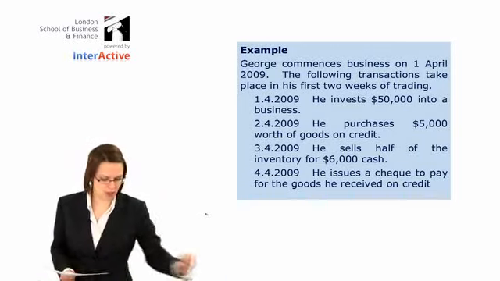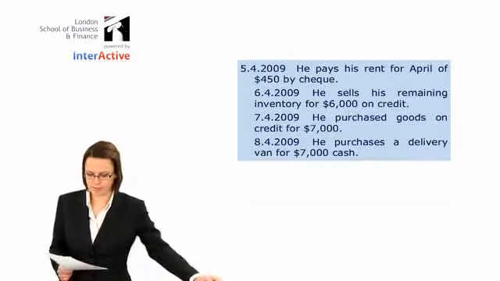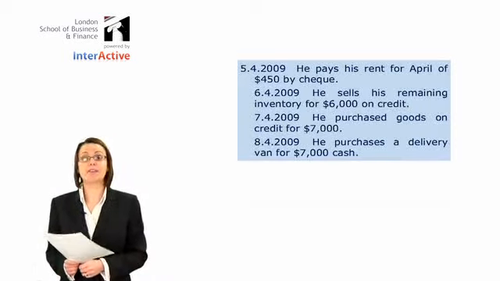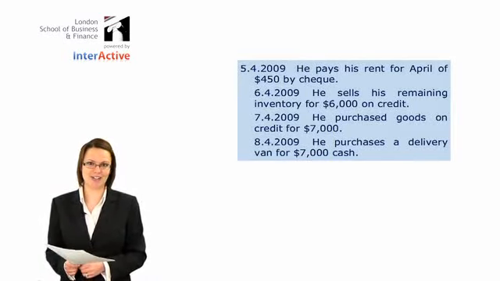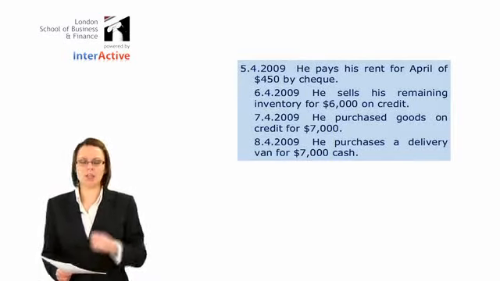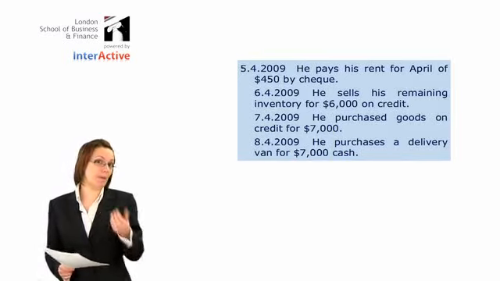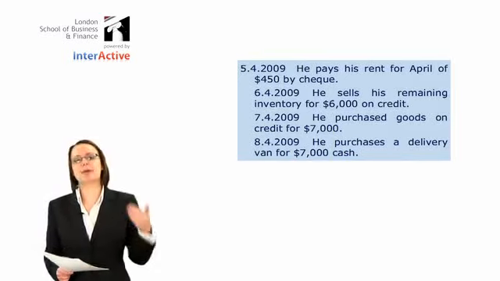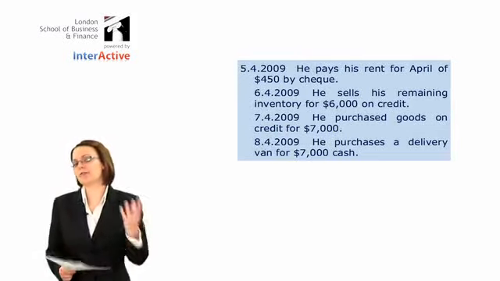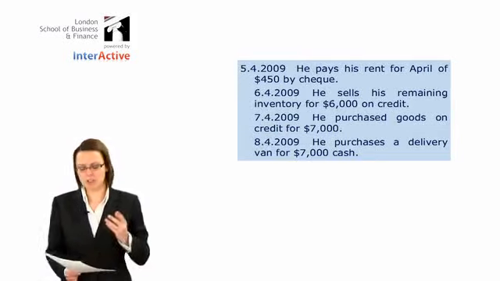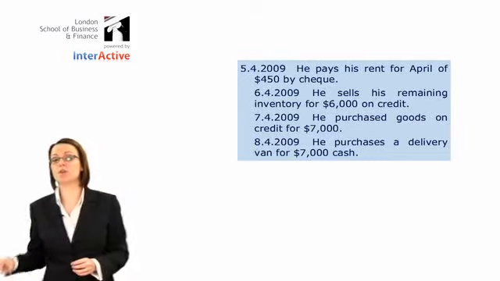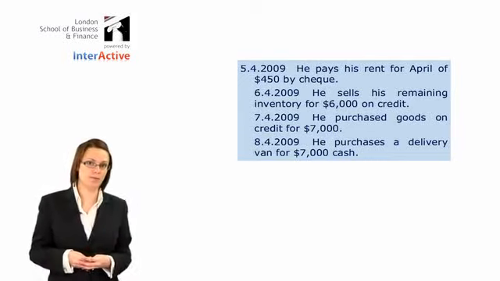Our final transaction then, on the 8th of April 2009, he purchased a delivery van for $7,000 cash. So he's purchasing a delivery van, a motor vehicle, and he's paying cash in return for receiving that motor vehicle asset. So there's our 8 transactions in those 2 weeks for George.